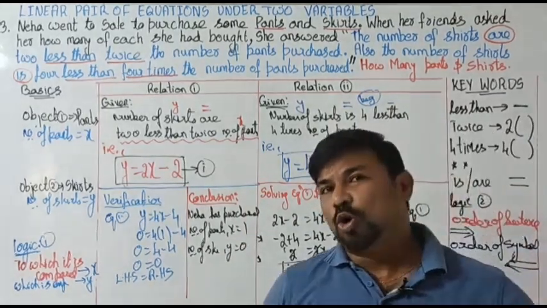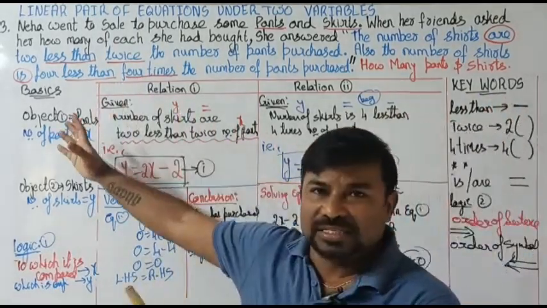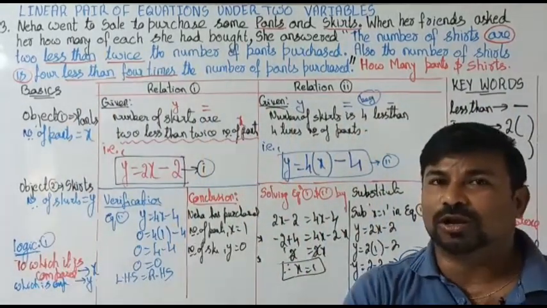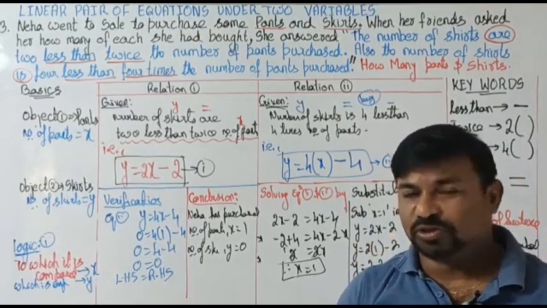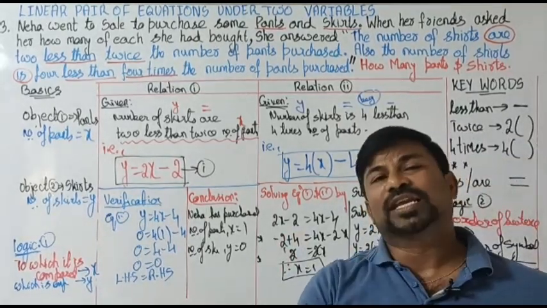So this is how it works. Hope you are able to understand the key concepts, basics, logics and the relations. But while setting the relation, the order of the sentence is reverse to the order of the symbols. If you set it like this, any kind of this object concept sum, you can easily do.